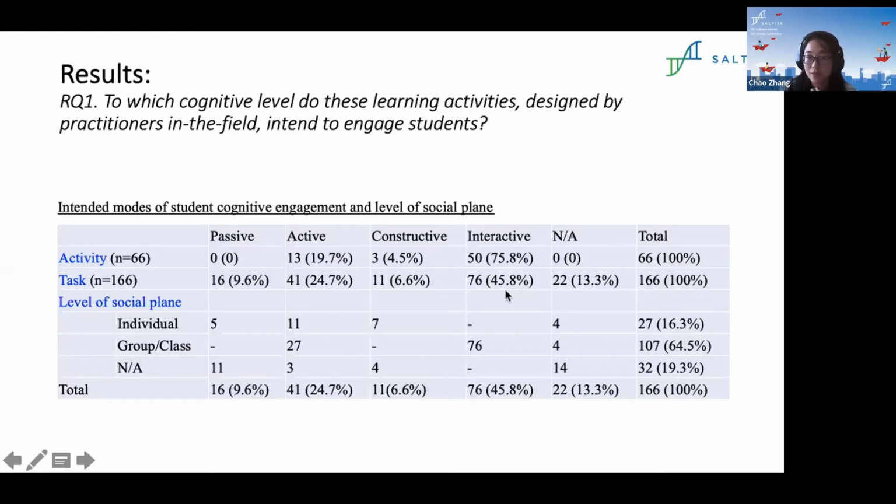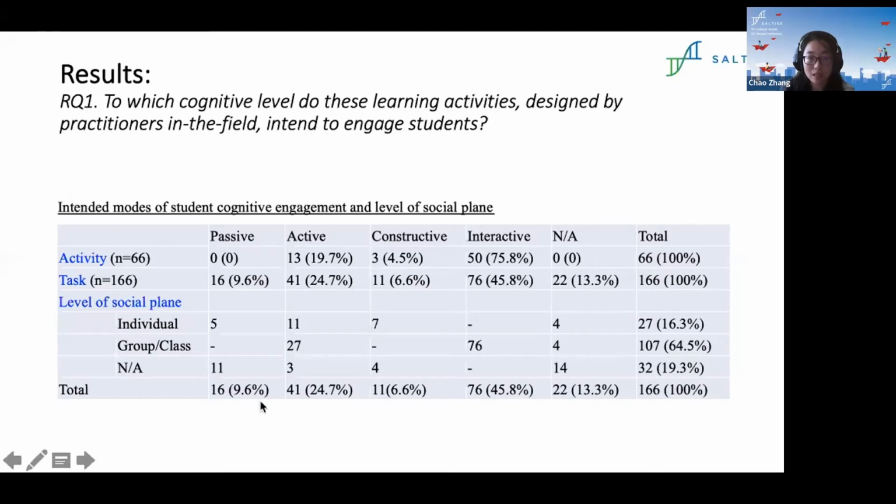In terms of the social plane level, because Chi and Wylie's framework only talks about the interactive level, where students are asked to collaborate with their peers to construct knowledge together, we want to look a little deeper into when students work with their peers, in what kind of format are they, a whole class format, or more small groups, pairs, or four or five students.